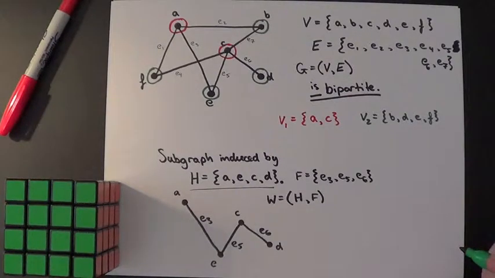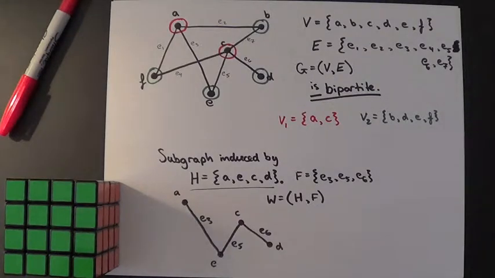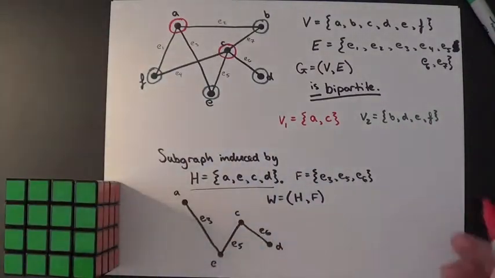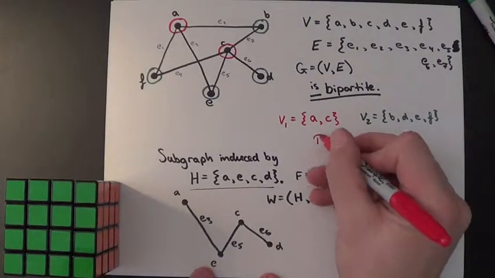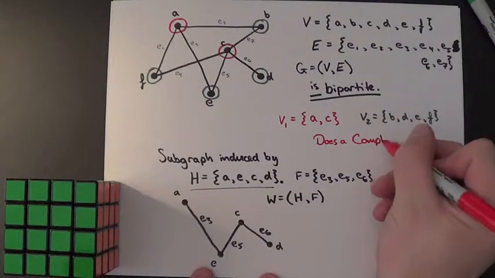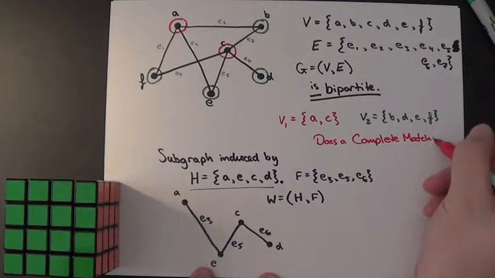Where we go from there is we want to figure out if there exists a complete matching within this set. Again, the question I now have is, does there exist a complete matching from V1 to V2? Does a complete matching exist?